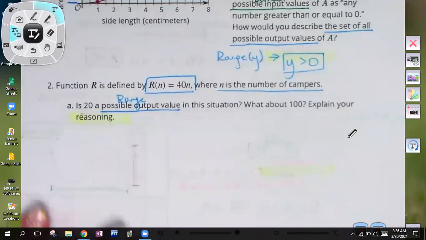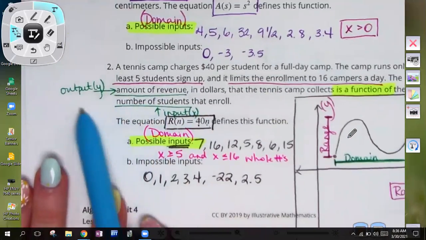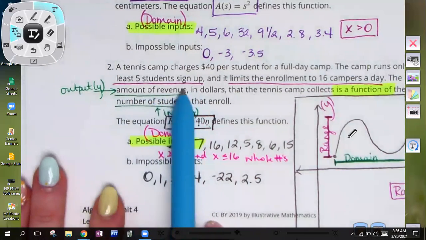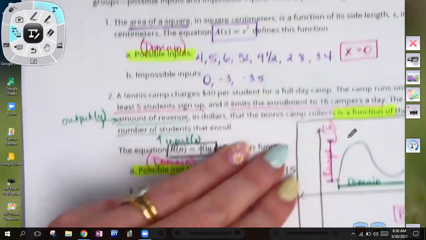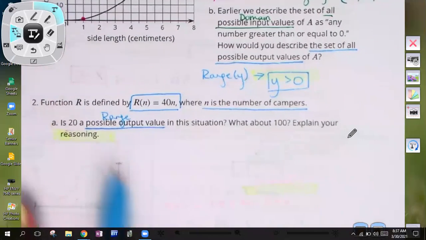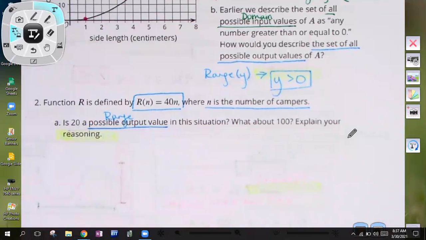Looking back at the tennis problem, what is the output talking about? The amount of revenue. So how much money the camp is making, correct, from your team. The first one asks us, is 20 a possible amount of money that the camp could make from just our team?